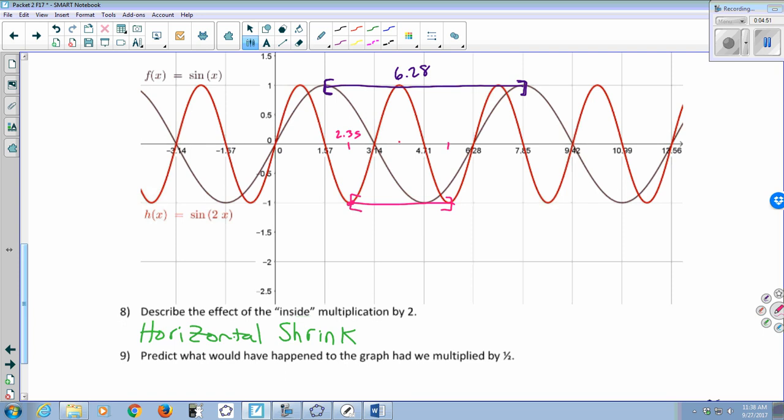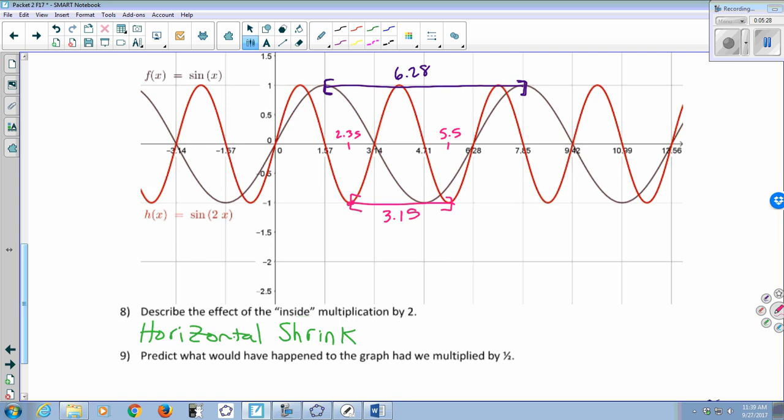So this is about 5.5. So the distance between those two minimums is 5.5 minus 2.35, which is 3.15. That's about half the distance of 6.28.